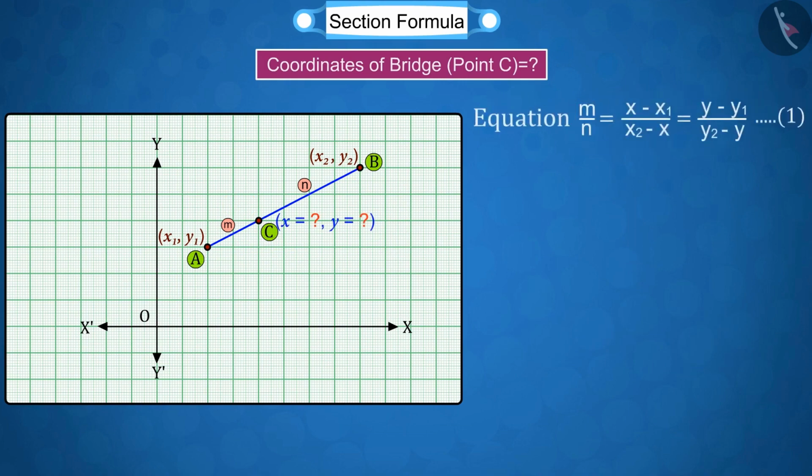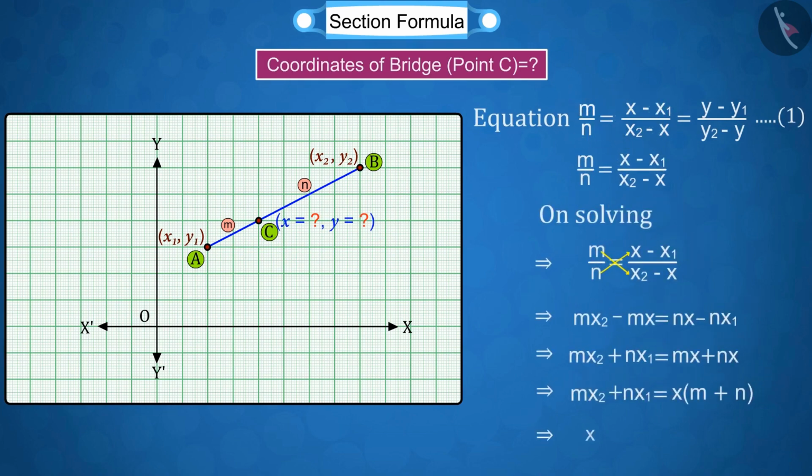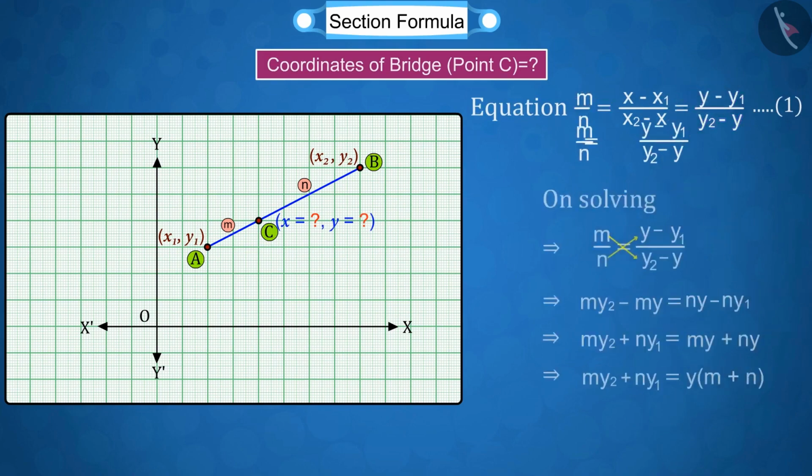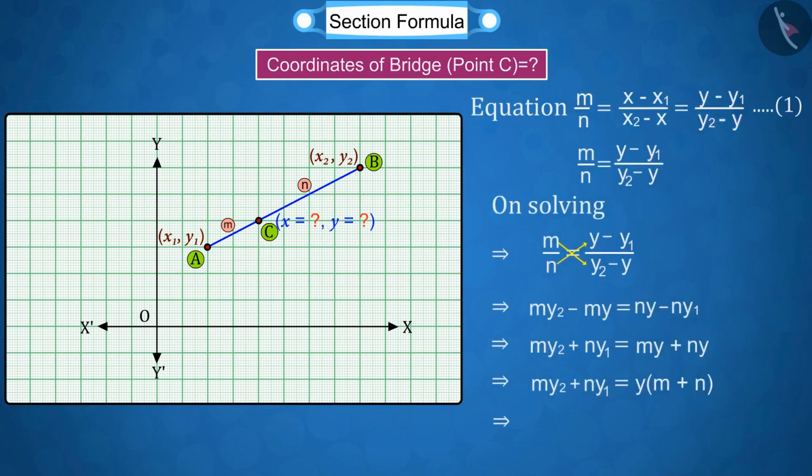By comparing these two ratios of equation 1 and solving them, we get the value of x as (mx2 + nx1) upon (m + n). While comparing these two ratios of equation 1 and solving them, the value derived of y is (my2 + ny1) upon (m + n).